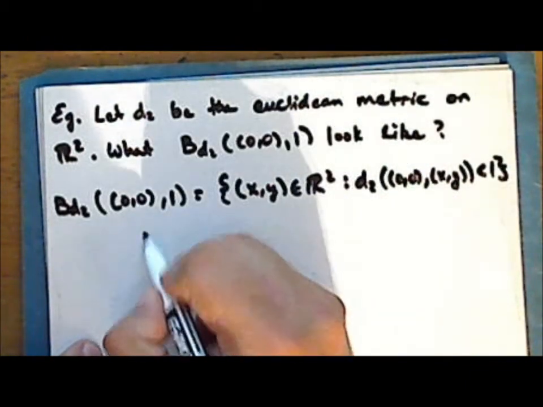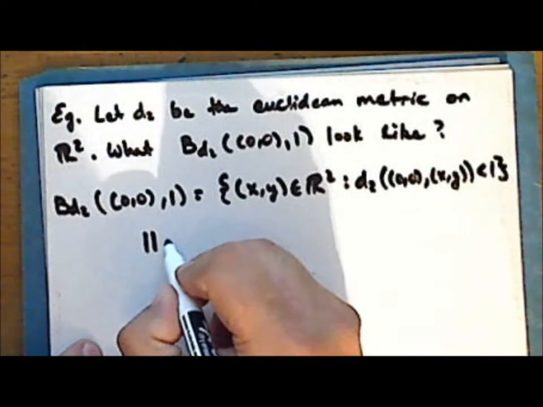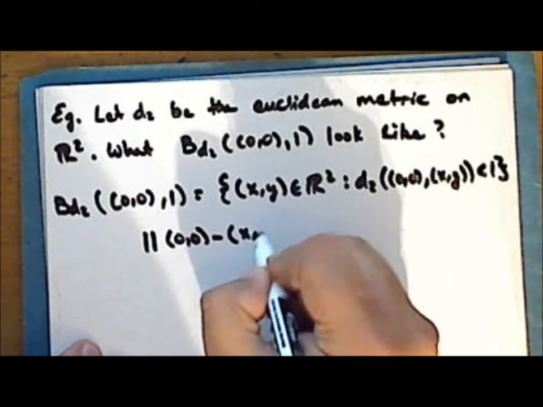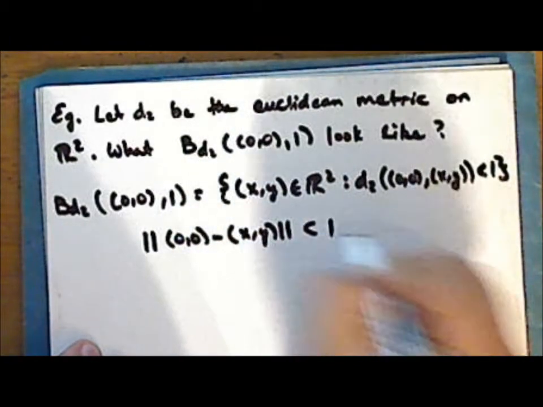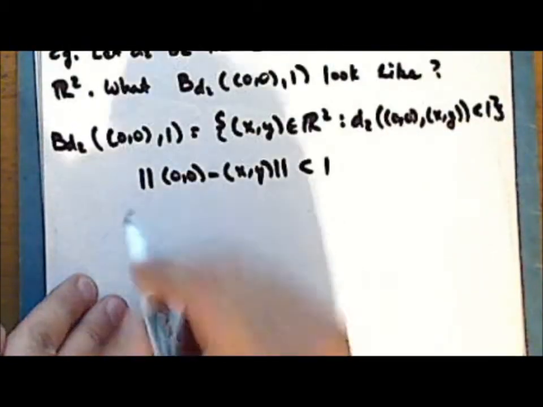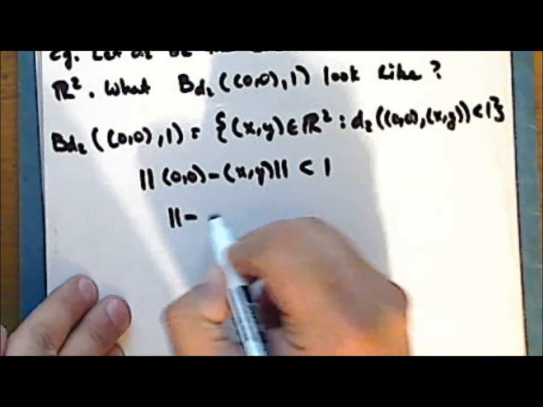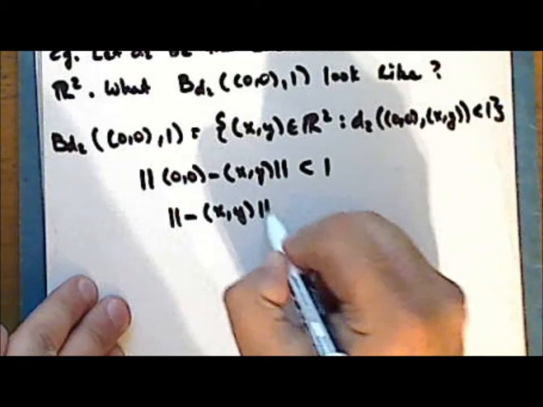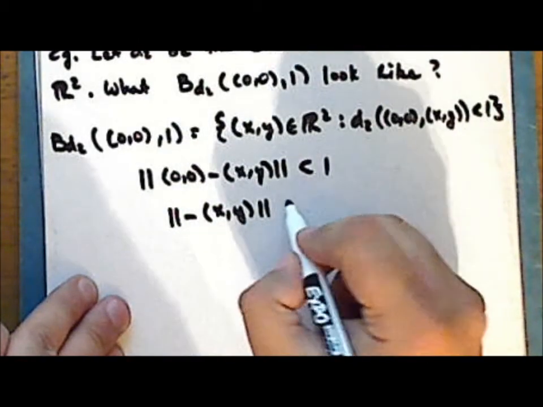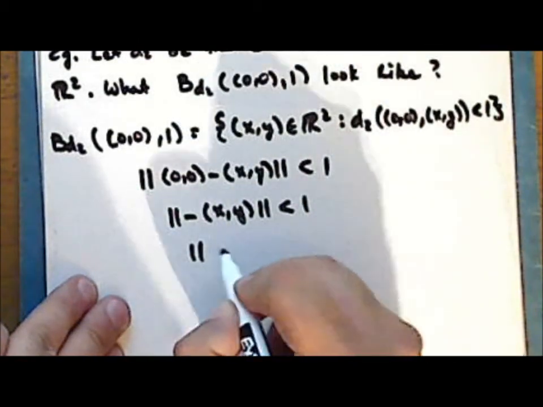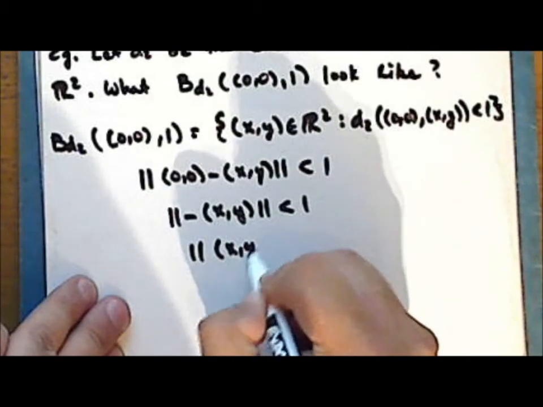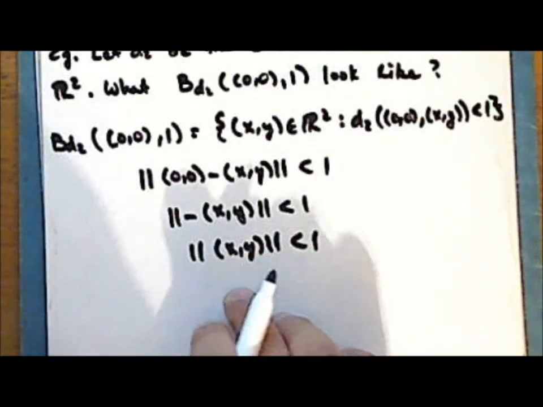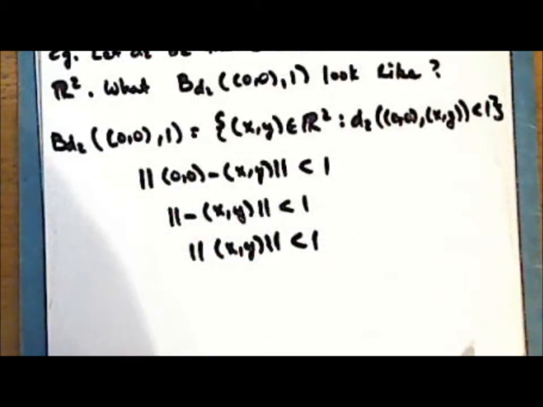So we have the norm of (0, 0) minus (x, y) is less than 1. This is the norm of the negative of the point (x, y), or the vector (x, y). So this is the norm of the point (x, y), or alternatively the vector whose coordinates are x and y.